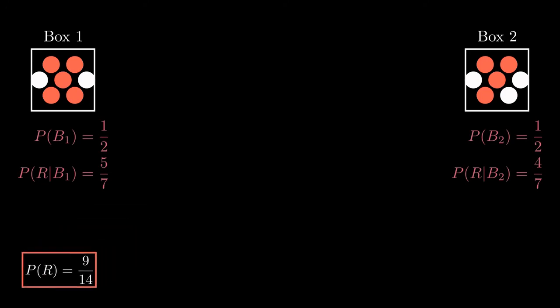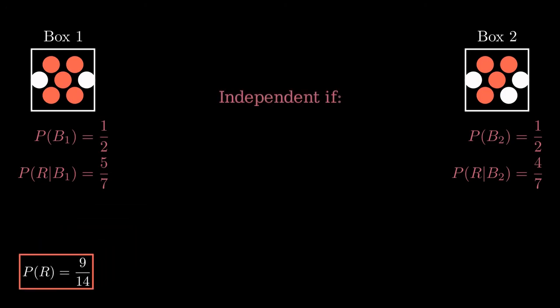Now, part B, we can show independence if we can show this. If the probability of the intersection of events is equal to the product of each probability, then they are independent. This is how you mathematically prove independence or not.